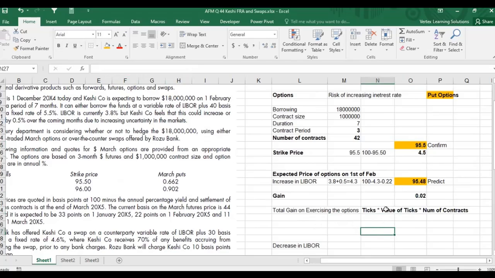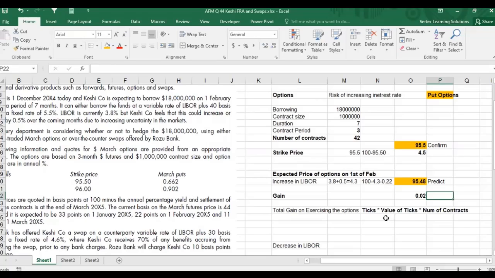The number of ticks, now tick and basis point are the same. For example, there are 2 basis points, and you know that 100 basis points are within 1%. So when I say 2 basis points are there, it means that 2 ticks are there. In previous questions, they gave you that 1 tick value was $25.